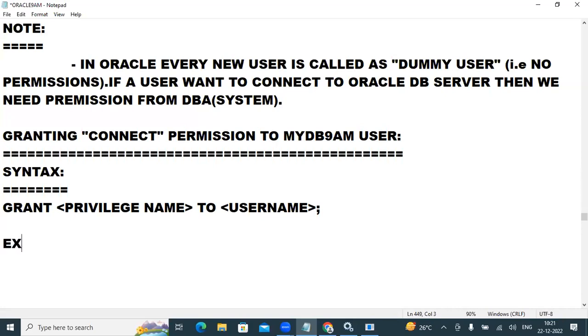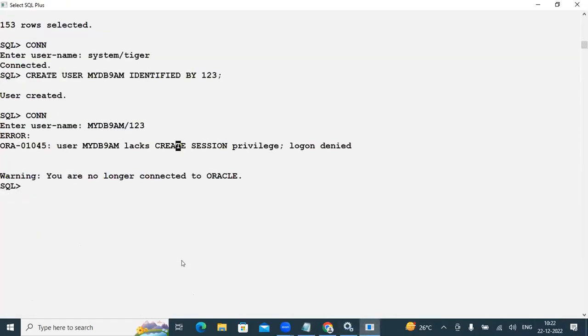Now below, write an example. So who will give this permission? Admin. Now come back to admin again. As usual, my error was there.